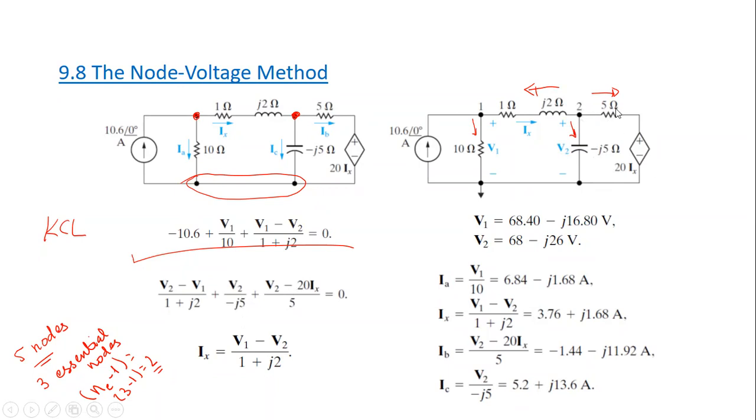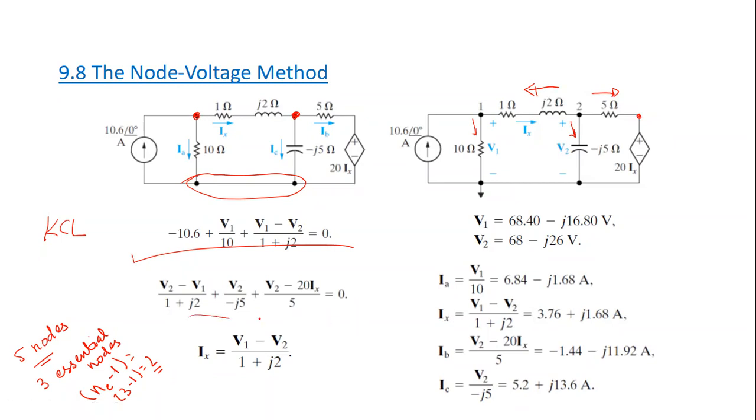And now this current will be V2 minus the potential in this point, and the potential in this point is 20Ix. So it will be V2 minus 20Ix over the impedance in this branch, which is only 5 ohms. And this is equal to 0.